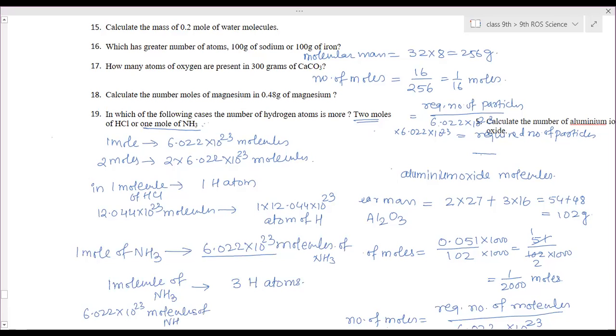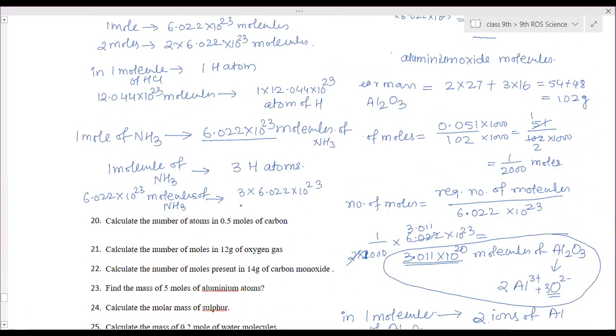In 1 molecule of NH3, how many hydrogen atoms? 3 hydrogen atoms. Now we have these many molecules of NH3, so 3 into 6.022 into 10 to the power 23. That is equal to 18.066 into 10 to the power 23 hydrogen atoms.